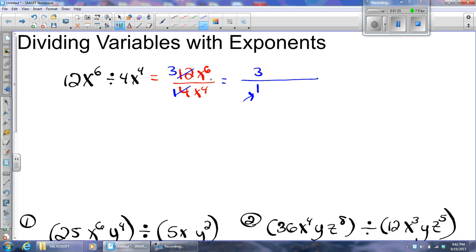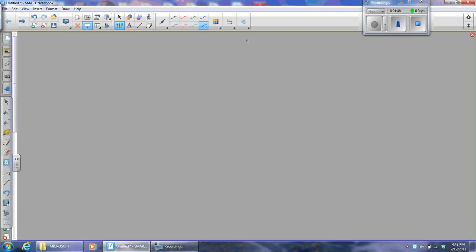Now, when I have x to the sixth over x to the fourth, doesn't x to the sixth mean x, x, x, x, x, and x all being multiplied together? And x to the fourth is this. Okay? And so, watch this. This is pretty nifty stuff here.